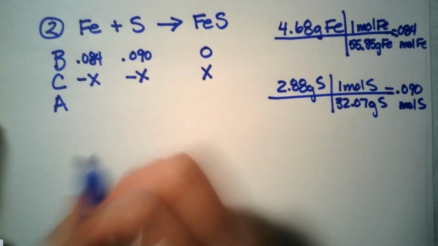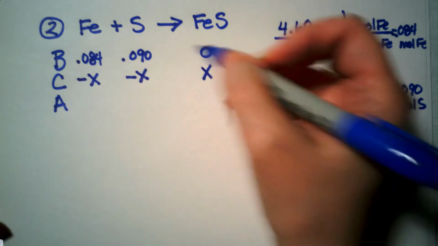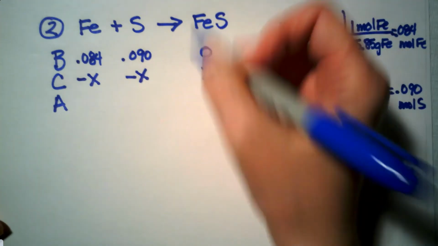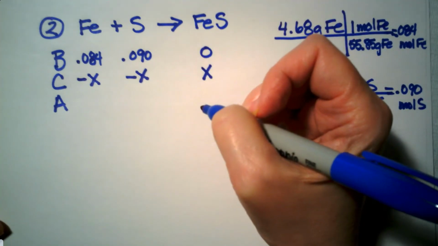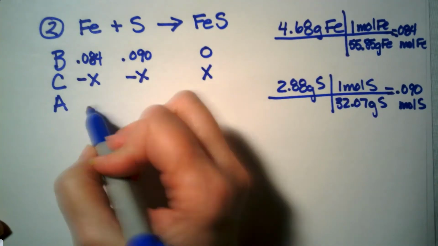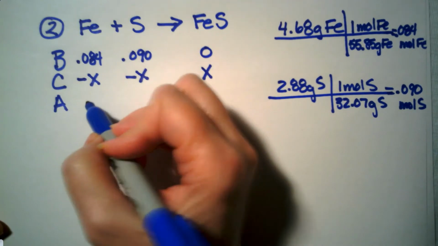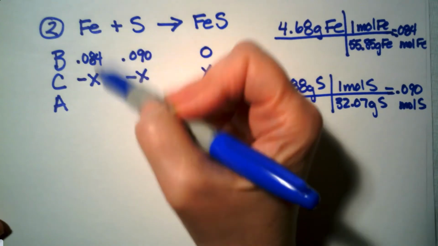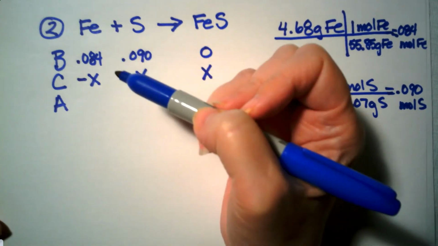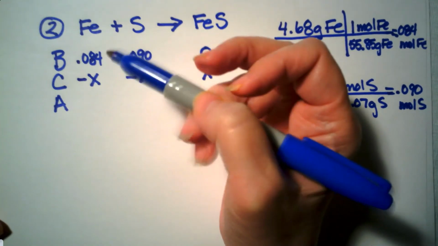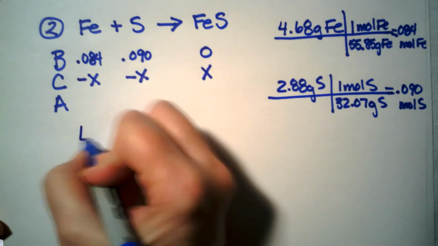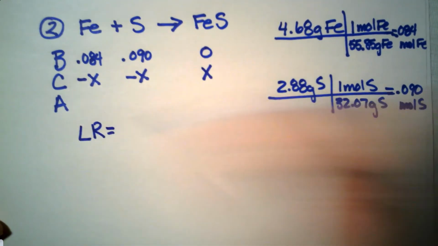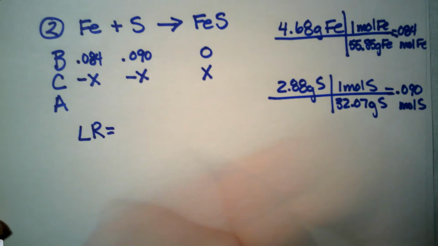All right, so this time we're not concerned about our product for our final answer, and we can't put zeros in over here. What the problem is asking for is, in essence, which one of these is going to run out first. We are trying to find the limiting reactant. We want to know which one is our limiting reactant, is our final goal.